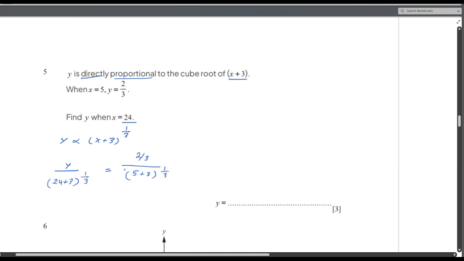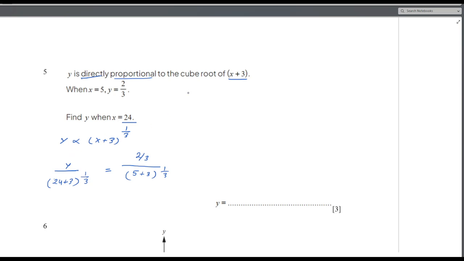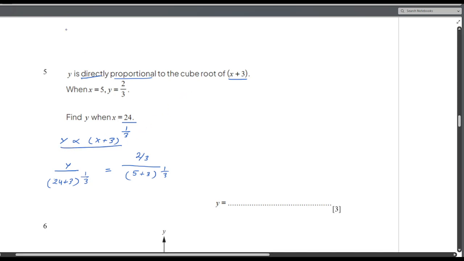Again there are two ways here. Either from this step I say that y equals k times (x plus 3) power 1 by 3, or y divided by (x plus 3) power 1 by 3 equals k, and using this information I first find k, and then use this equation and the value of k to find y.